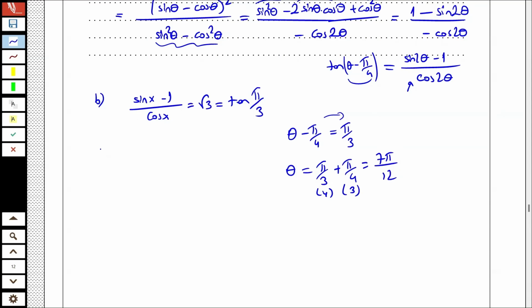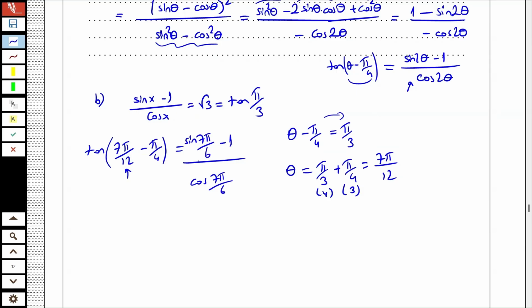In this case, you can write tangent of 7 times pi over 12 minus pi over 2 equals sine of the double of this angle, 7 times pi over 6, minus 1 divided by cosine of 7 pi over 6.